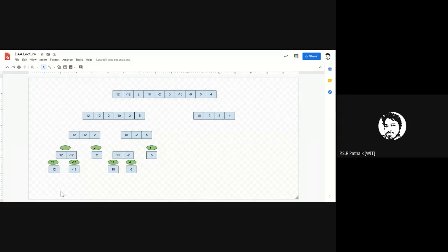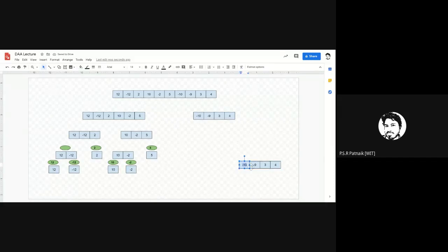So when you combine the left part and right part, there could be 3 cases. What could be those 3 cases? Let us quickly check that. For example, if I copy this array, and for the time being, I'll just remove all the elements in this.